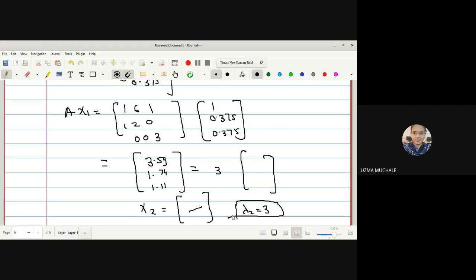Initially we got the value for lambda 1 as 8, but here we got 3. Let us solve one or two steps more. We'll solve up to x4 so that we can get the correct value. After taking 3 common, what is the answer?